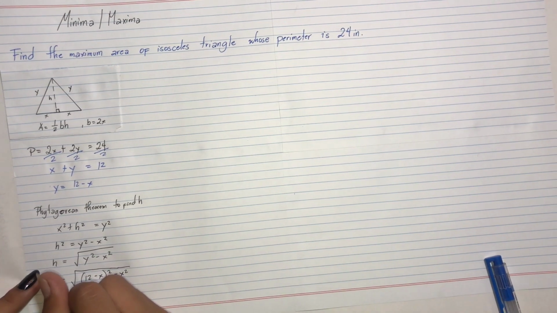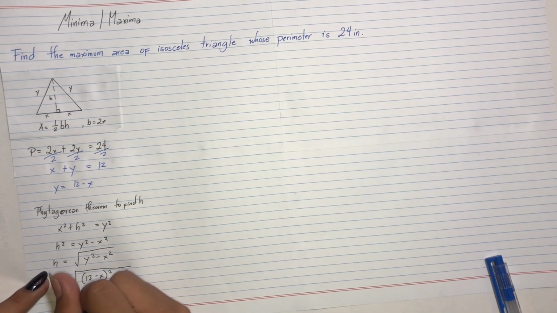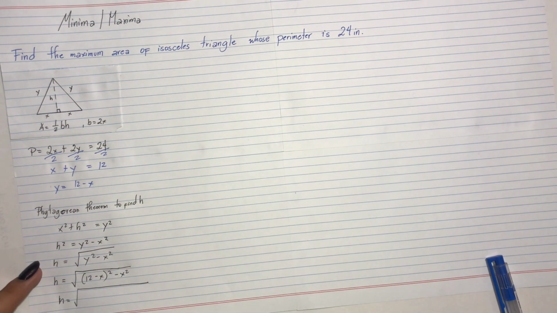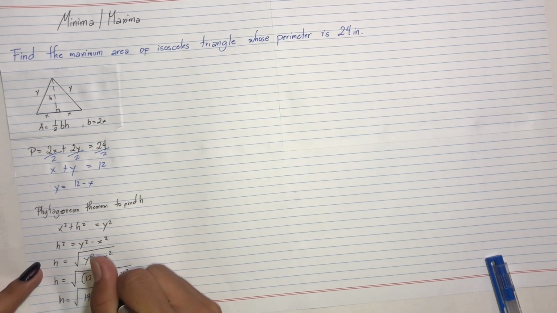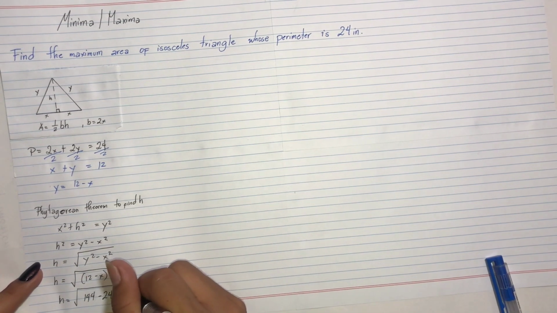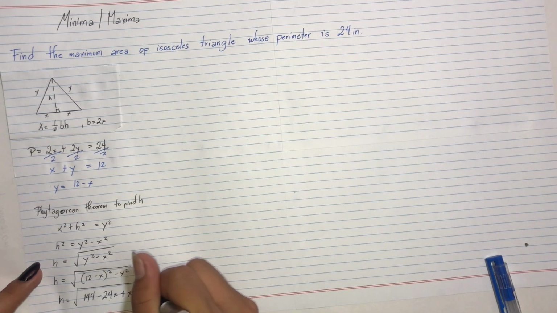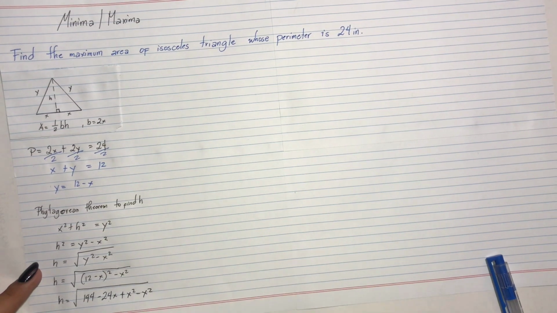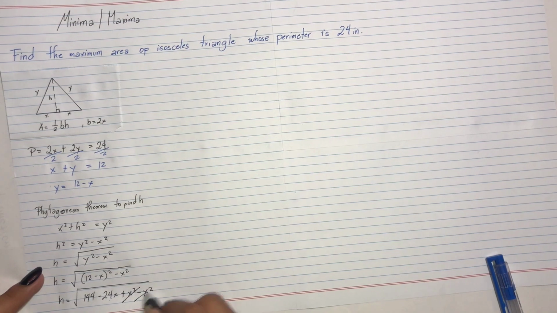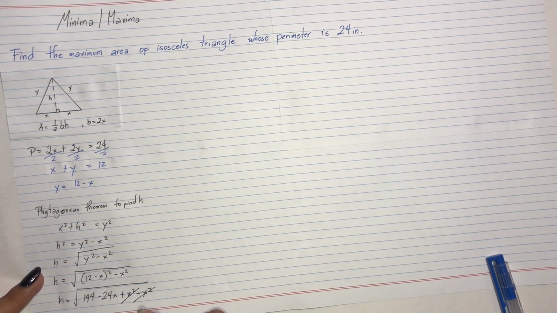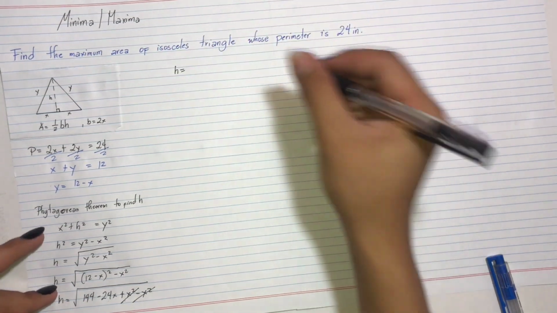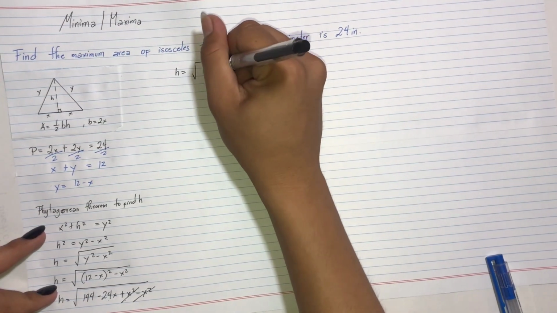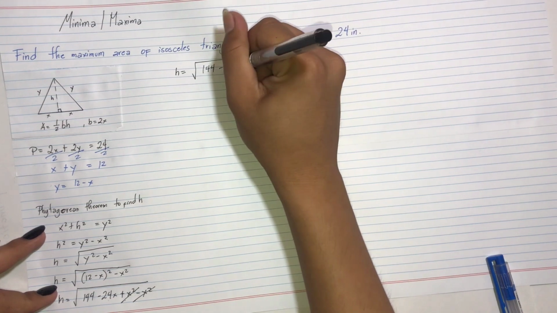Now, using the FOIL method, that is 144 minus 24x plus x squared minus x squared. x squared minus x squared will be eliminated. Now h is equal to the square root of 144 minus 24x.